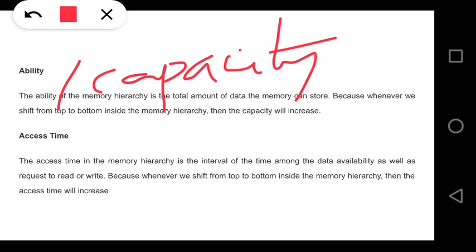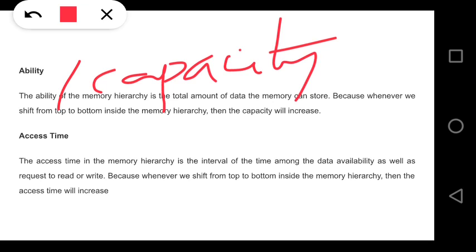And the third one, the most important one, is the access time. So we should discuss in detail about access time, because the access time in memory hierarchy is the interval of the time between the data availability and the request to read or write. So try to understand the access time.